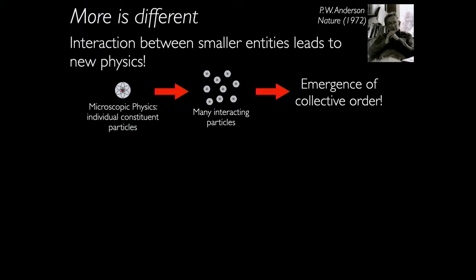Now, if you are a statistical physicist, the main problem in this context is you are looking at the interaction of many small entities and seeing how a macroscopic behavior emerges. So as a statistical physicist, your main goal is to calculate this quantity, which is also known as a partition function. You see this curly H, and this curly H contains all the information of the microscopic rules of interaction.